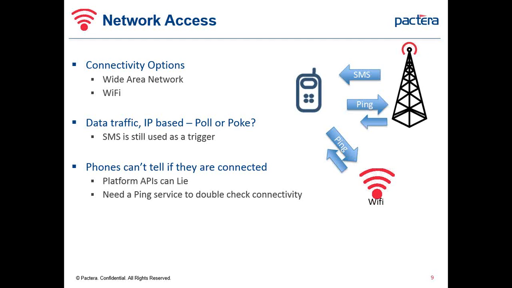There are a couple of interesting things about how phones do connect today, though, that are useful in your enterprise. Many of the advanced software platforms have application interfaces that say, hey, I'm connected to the network or I'm not connected to the network. But given that data security and access is controlled at different locations, sometimes you can get a false positive from those application interfaces to your application on the phone.